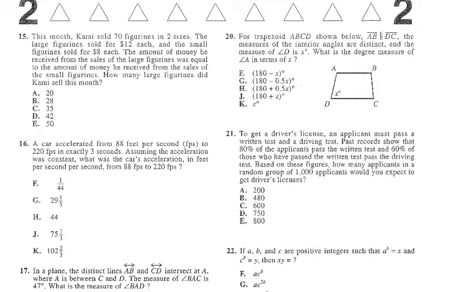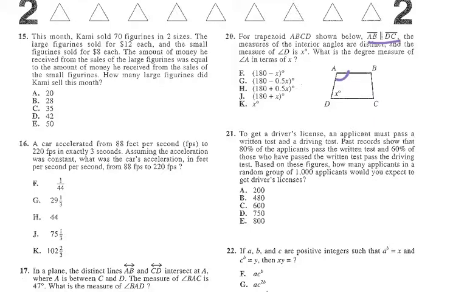And for number 20, we know the AB parallel to DC, which means angle A and angle D adding together should be 180. Because angle A and D, they are consecutive interior angles.